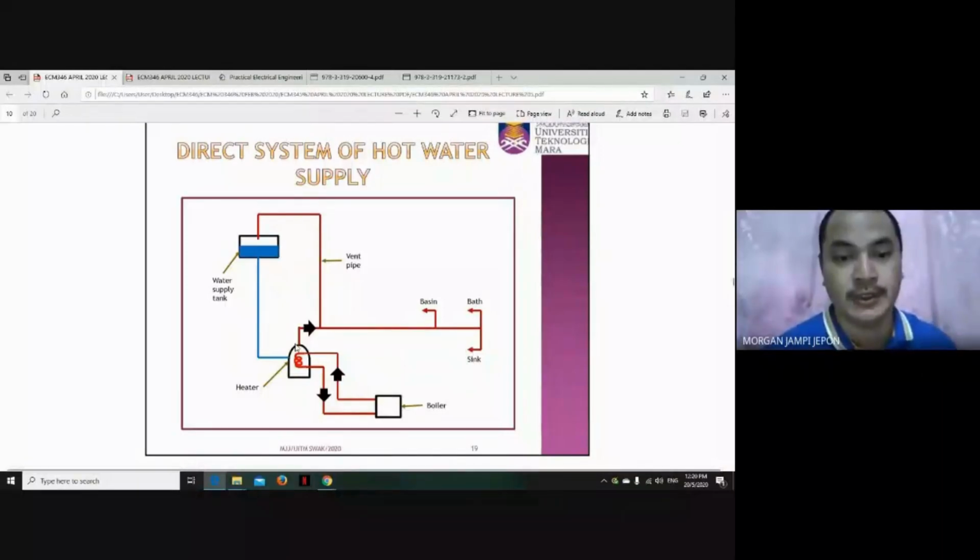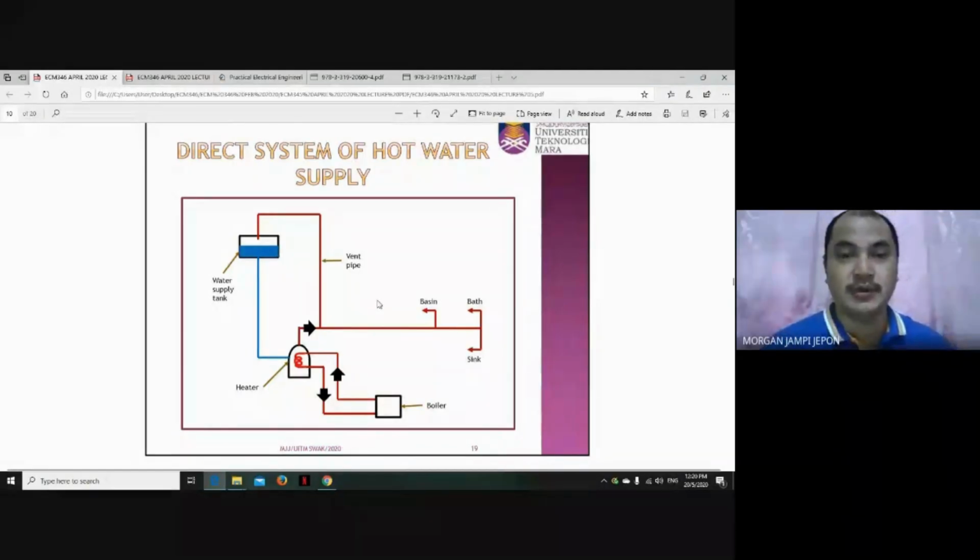And that hot water will be pumped into the piping system, and part of that will go to the kitchen as well as bathroom and toilet. And the overflow pipe is provided so that hot water, if not in use, will go back to the cold water supply tank here.